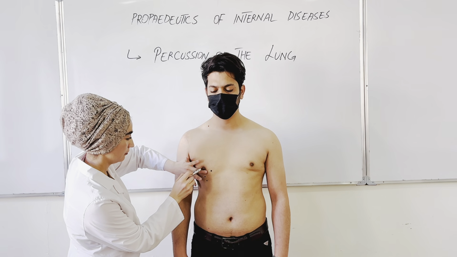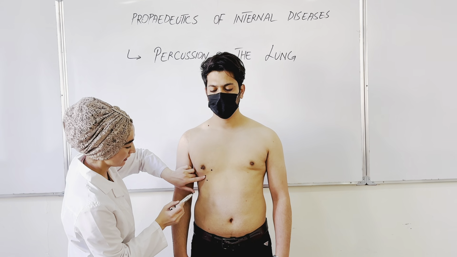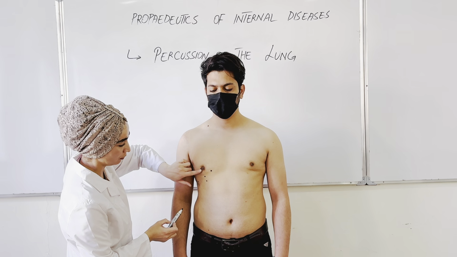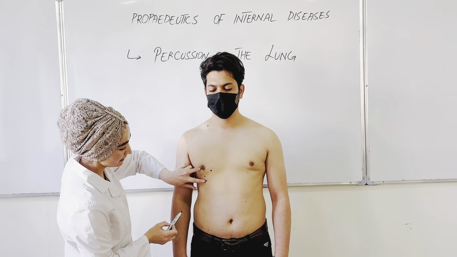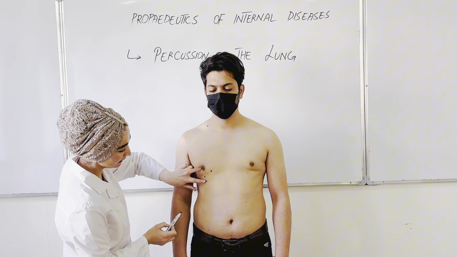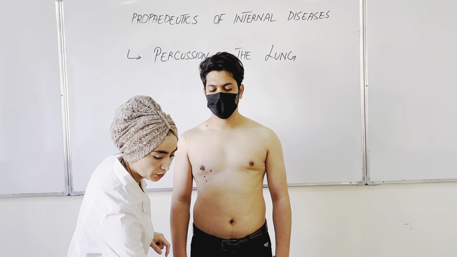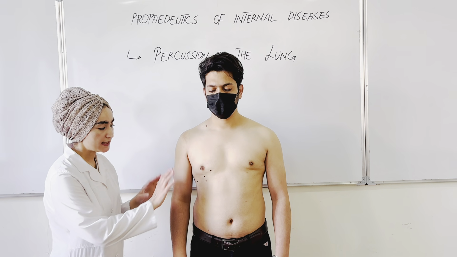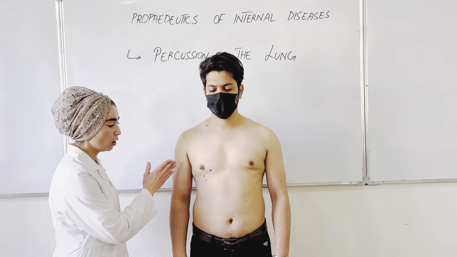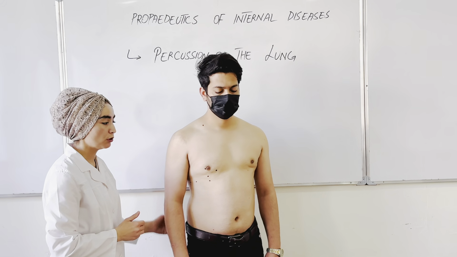Enough. You can see that on exhalation it goes up, and the total mobility in the mid-clavicular line should be 4 to 6 centimeters. We do the same on the mid-axillary line and scapular line.